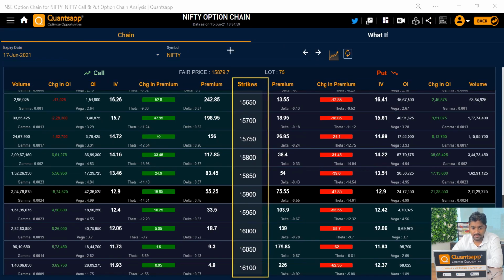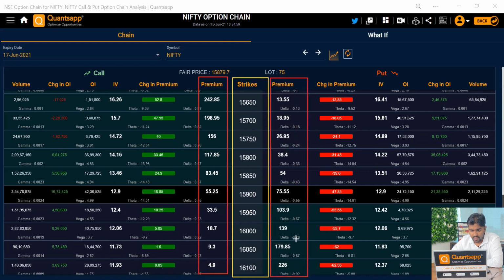First is the premium. If you check the option premium here, what does that mean for call and put both? Every strike price here, let's take one specific, say 15,900. The 15,900 strike price is giving you the price. The call option is trading at 55.25. On the put side, it is trading at 75.55.